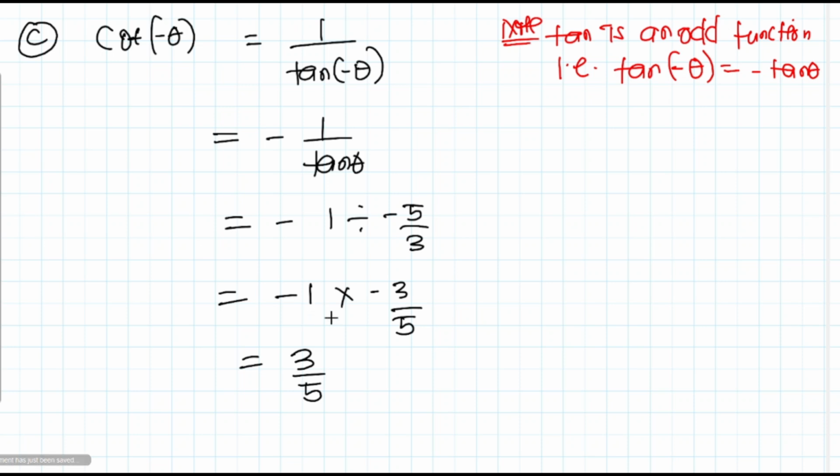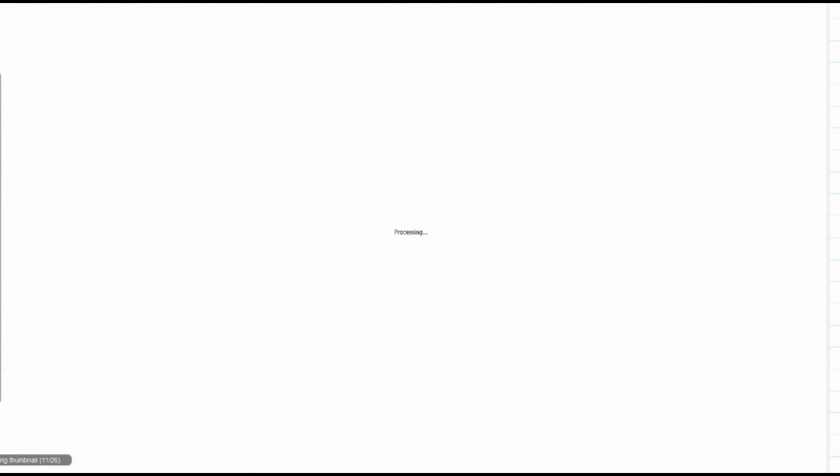Therefore cot of minus theta equals 3 over 5, and that is the answer. So this is how you use identities to simplify expressions, and this is how it works.